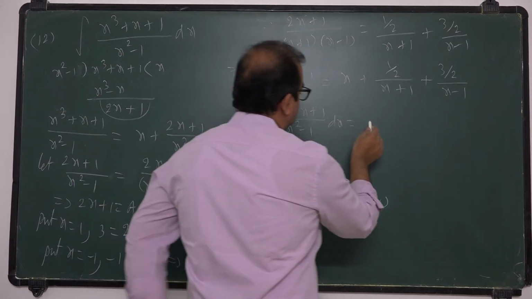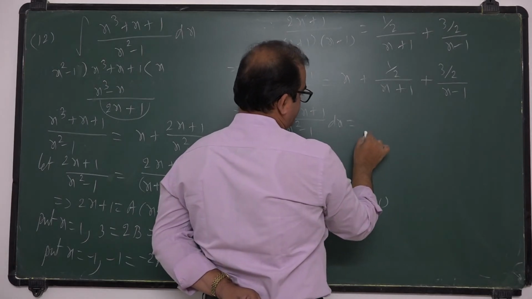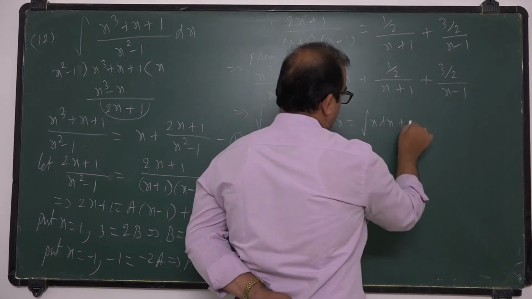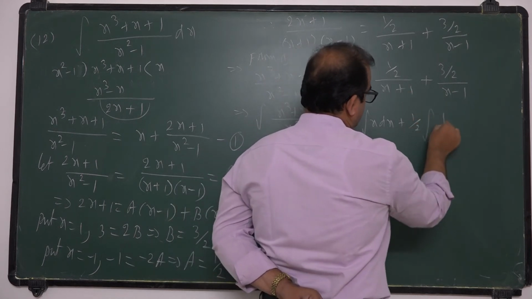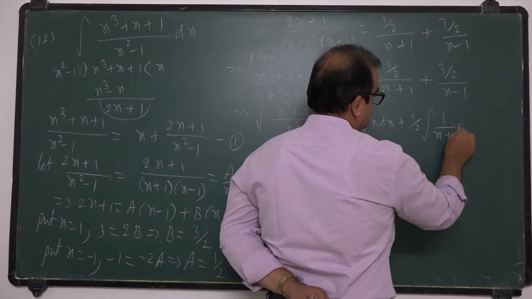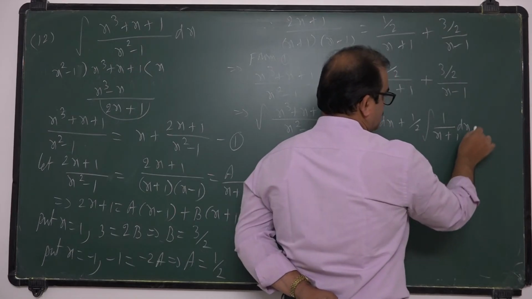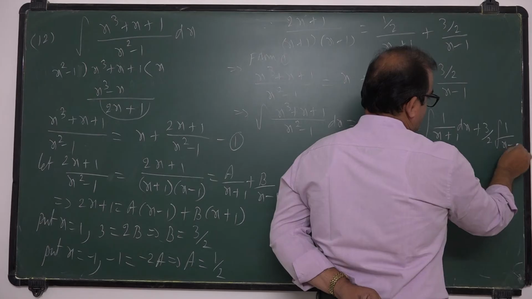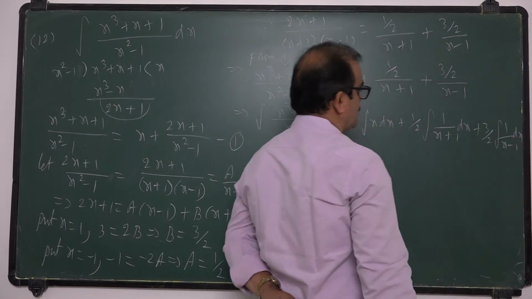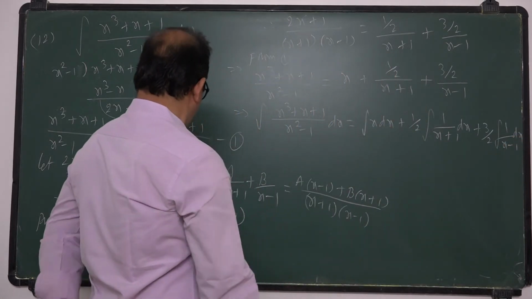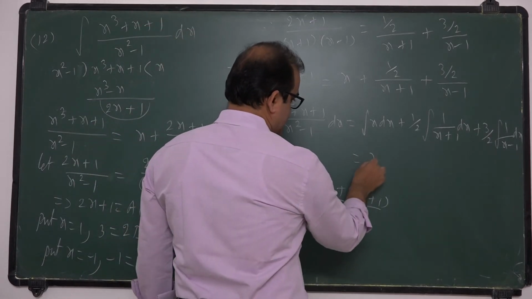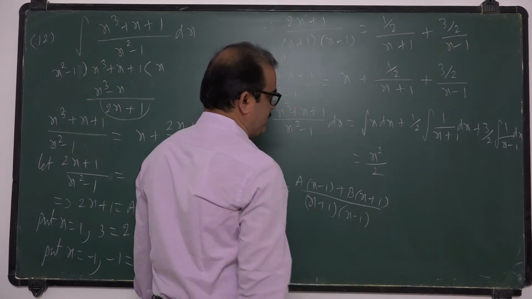Integrate separately: integral x dx, 1 by 2 constant, integral 1 by x plus 1 dx, here 3 by 2 constant, integral 1 by x minus 1 dx. Integral x dx is x square by 2.